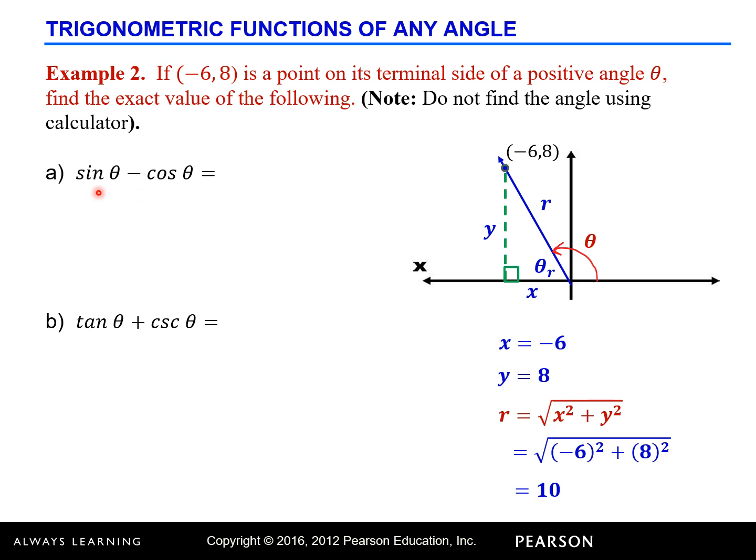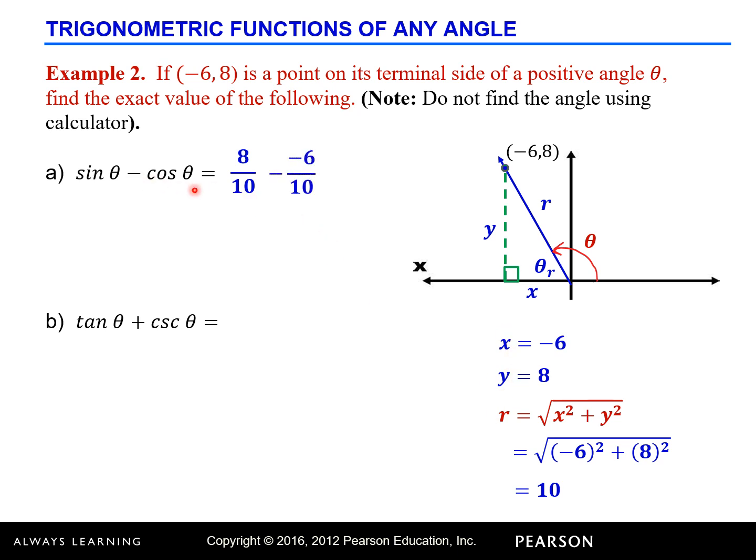The first expression is sine theta minus cosine theta. Sine theta is y over r, which is 8 over 10. Cosine theta is x over r, which is -6 over 10.